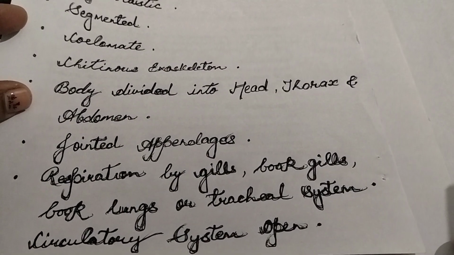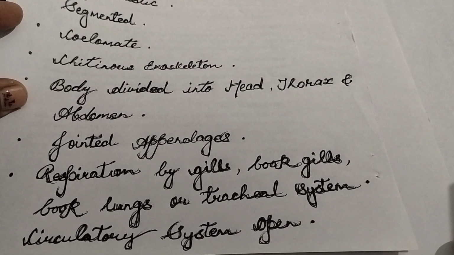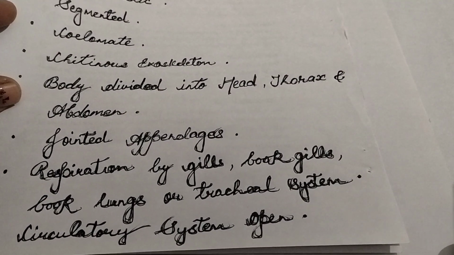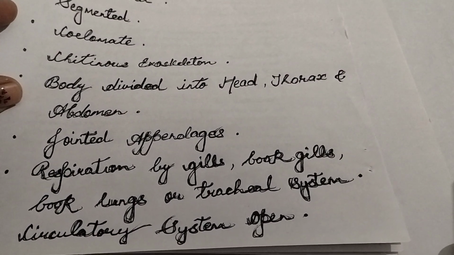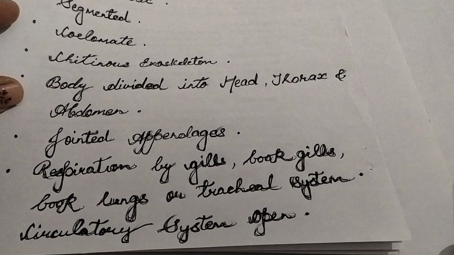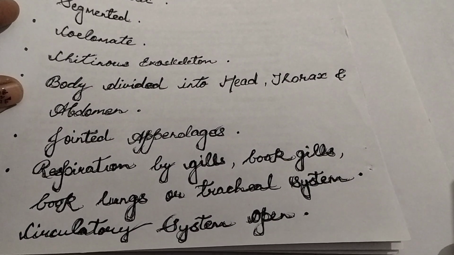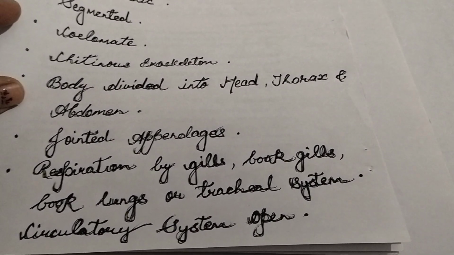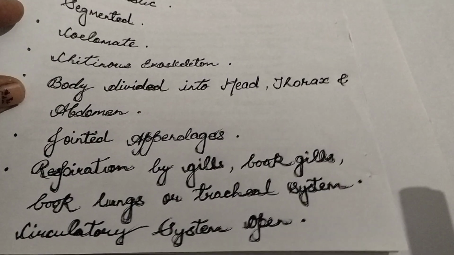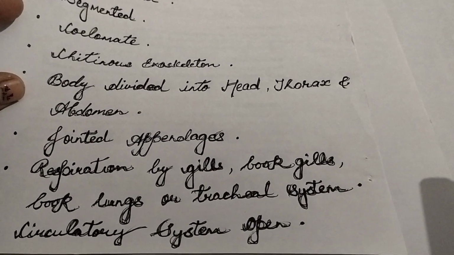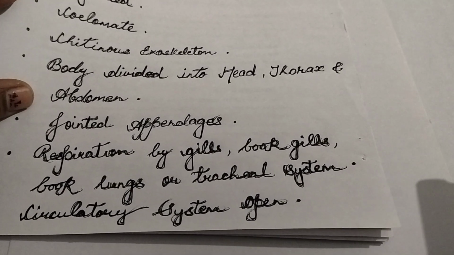So respiration in arthropods may be by gills, book gills, book lungs, specific structures, or tracheal system, means four kinds of respiration can be found in various insects or arthropods.